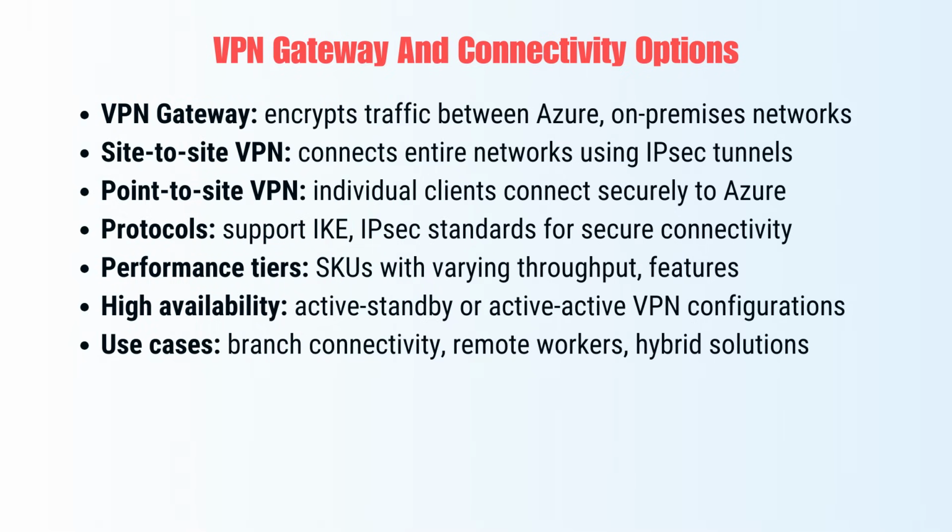In many architectures, VPN is the first step into hybrid: relatively easy to set up, secure, and flexible. Later, organizations may adopt more advanced connectivity like ExpressRoute for higher reliability and performance. Next, we'll build on this by looking at ExpressRoute and hybrid connectivity, which offer private, dedicated connections into the Microsoft backbone network.